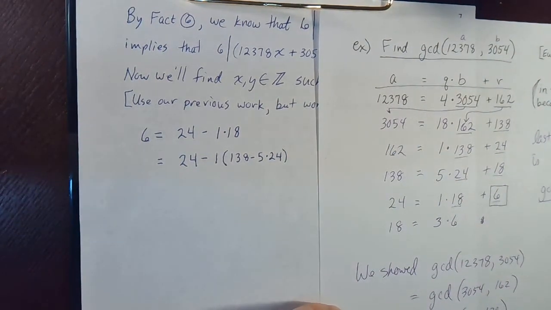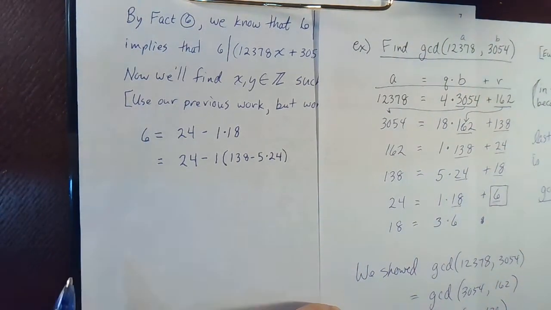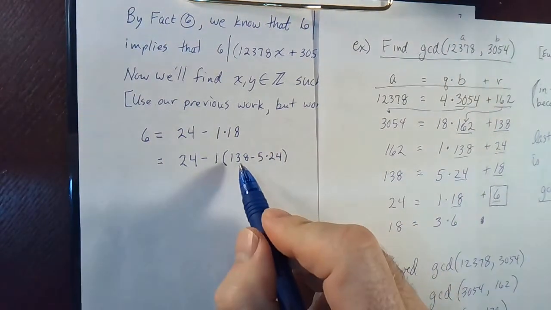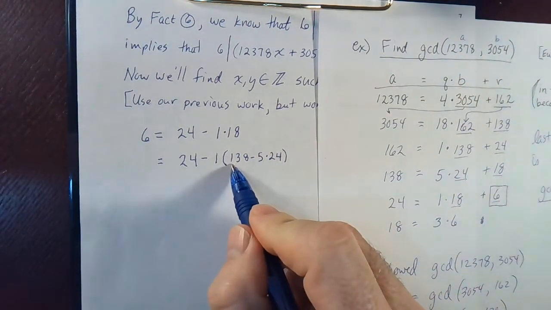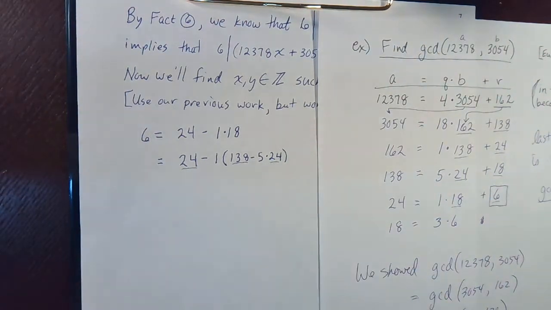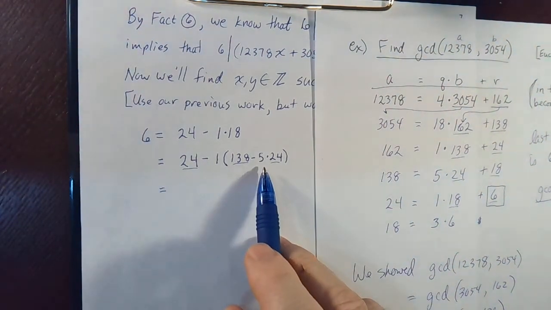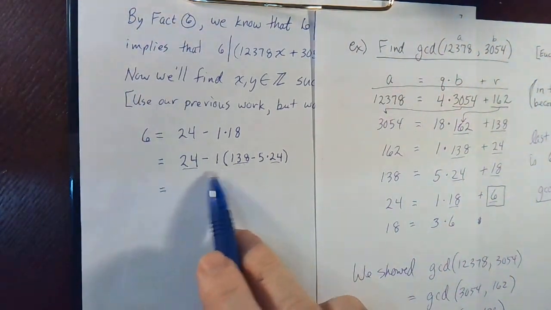Like so. Okay, so from this point, at every other line we get to, we're going to have to do some factoring and simplifying. The numbers that we want to group together are the 24s and the 138s in this case. So this is going to be equal to, well, how many 24s do I have total in this?